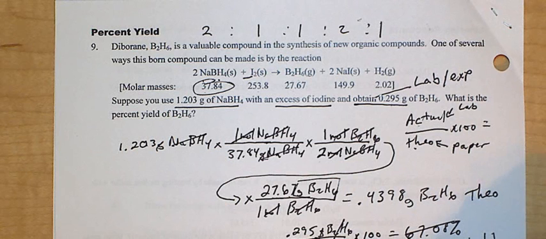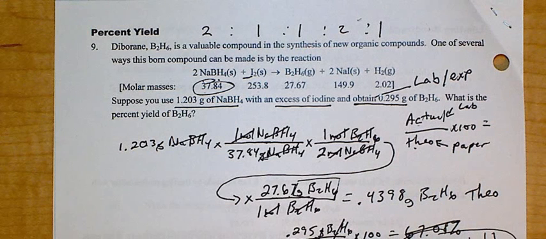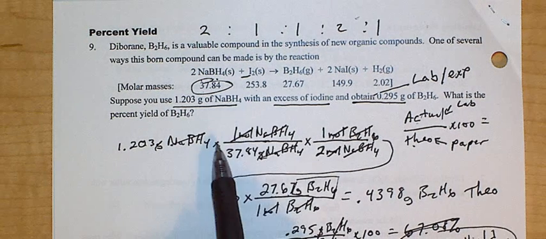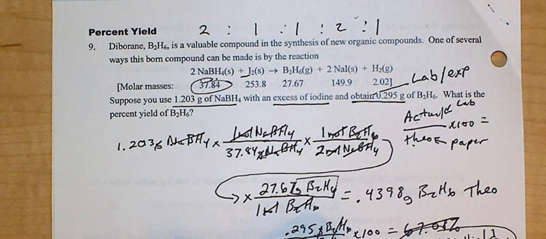So there's our answer. Circle it so that the AP reader can give you credit and find your answer really easily, and that's how you can work this. There are other ways you can do this. You can do your calculations at any given point, and that's fine as well. This is one way to string them all together so that you can punch them into your calculator at one time. And there you go.